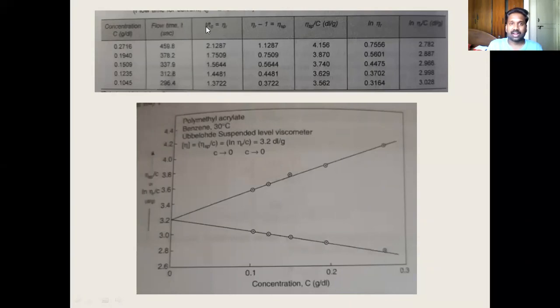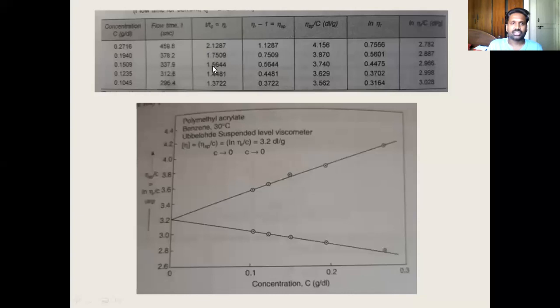So directly record the time for these solutions. Of course, what is t naught? It's the time of flow for pure solvent, which will anyway be known. For pure solvent, the same t naught is used for different concentrations.